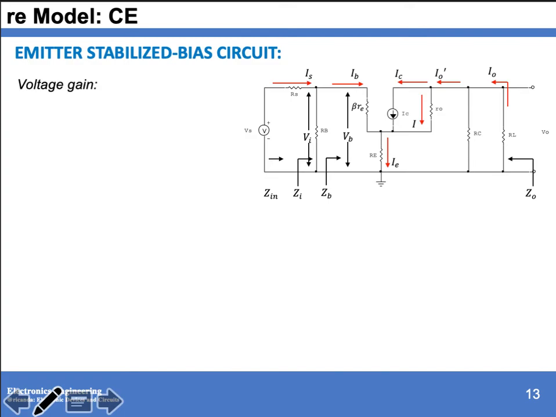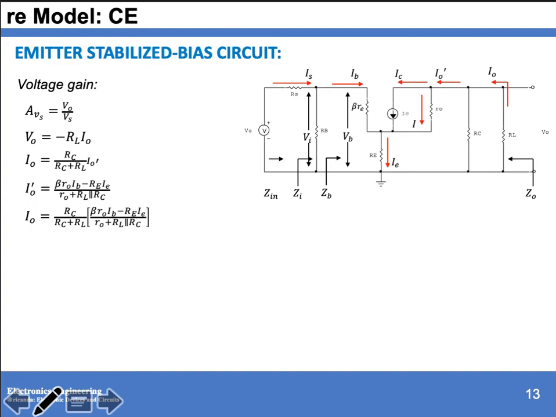Then for the voltage gain, which is Vo over Vs. Vo is equals to negative RL times IO, and we know IO already. So therefore, substituting this equation to your IO, we have first your IO prime.